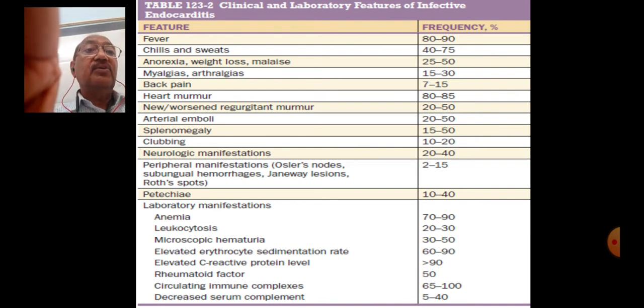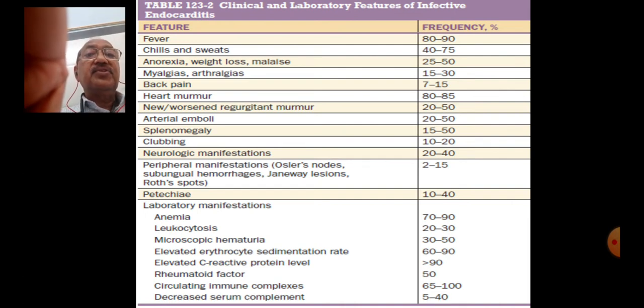Heart murmur is common, 80 to 85%, especially new and worsened regurgitant murmurs. You can find arterial emboli, splenomegaly, clubbing, neurological manifestations, and peripheral manifestations in the form of Osler's nodes, subconjunctival and subungual hemorrhages, Janeway lesions, Roth spots, and petechiae.